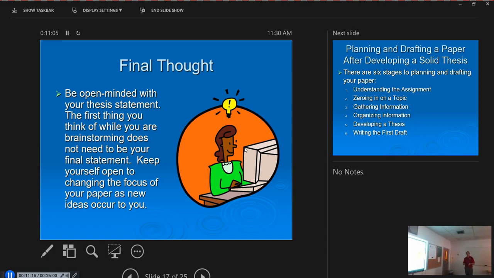So the final thought on the thesis statements is this. Be open-minded with your thesis statement. The first thing you think of while you're brainstorming does not need to be your final statement. Keep yourself open to changing the focus of your paper as new ideas occur to you. I'm sure I mentioned this on Friday, but a good thing that I learned to do in college was to put my thesis statement on a Post-it note and put it on the side of the monitor.